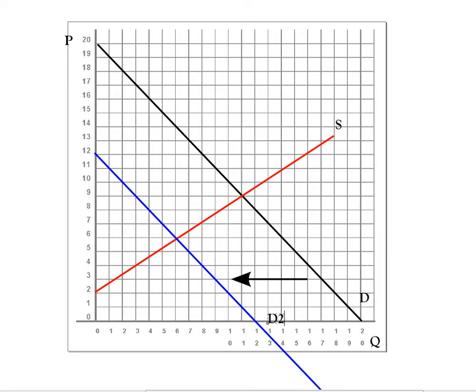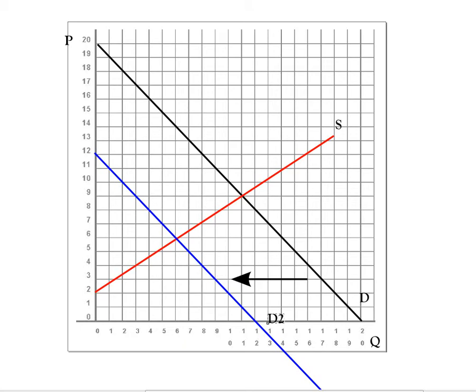Similarly, when demand decreases, the quantity is moving to the left, the equilibrium quantity. So we know the quantity that's going to be bought and sold in this market is going to go down. So for a product where we know that it's going to decrease demand for any reason, your prediction's going to be price goes down, quantity will go down.